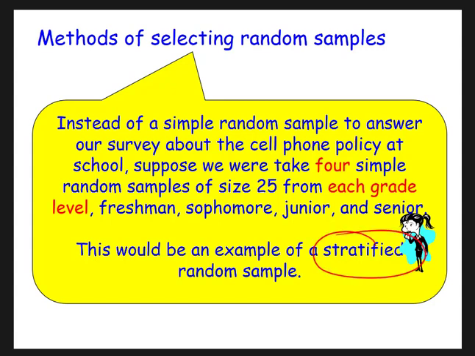It is random because, assuming the 4 classes are about the same size, each student has about the same chance of being in the sample. It is stratified random, but not simple random, because it's not possible to have a sample that's all seniors or all freshmen. It guarantees equal representation for each grade level.